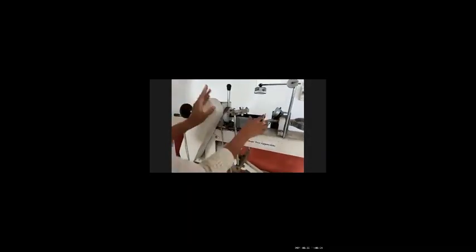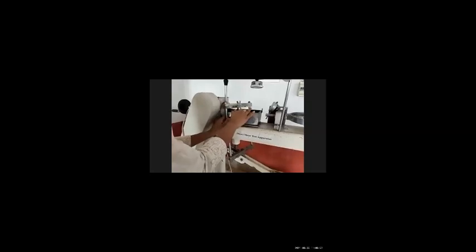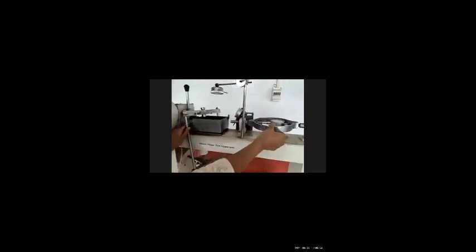So this is the shear box in which the square box is fixed. Within this is the dial gauge. This is the proving ring.